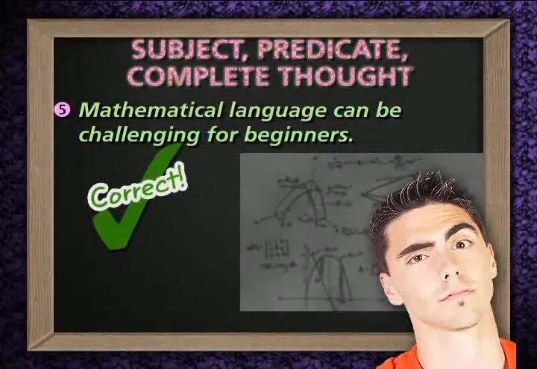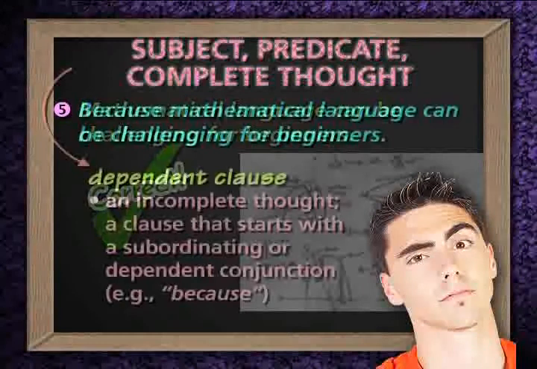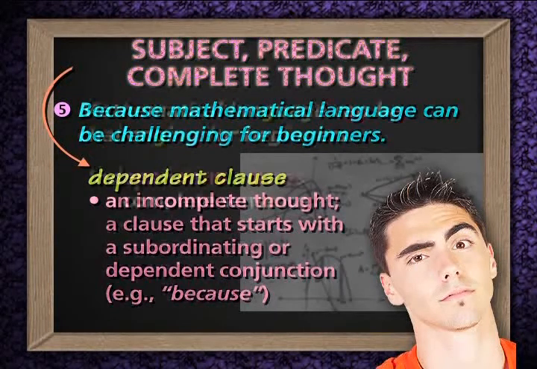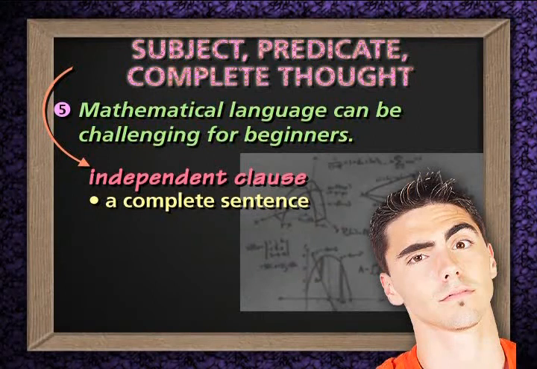Now it reads, mathematical language can be challenging for beginners. So I've turned a dependent clause, a clause that started with a subordinating or dependent conjunction because, into an independent clause, a complete sentence, by deleting that dependent conjunction because.